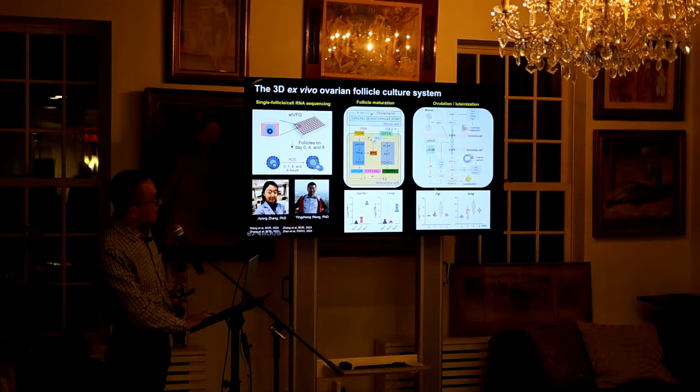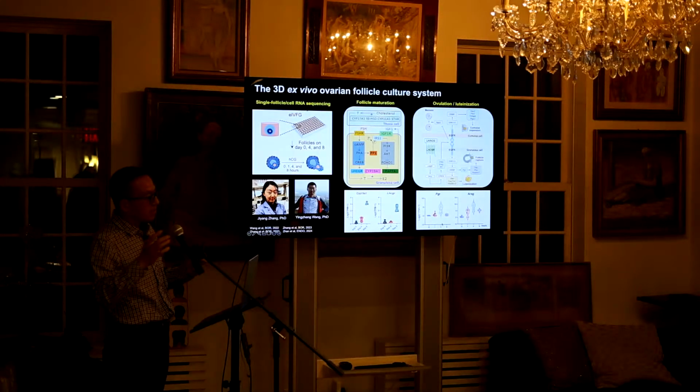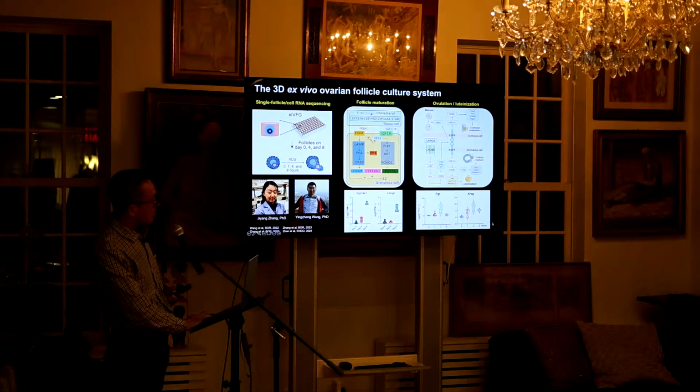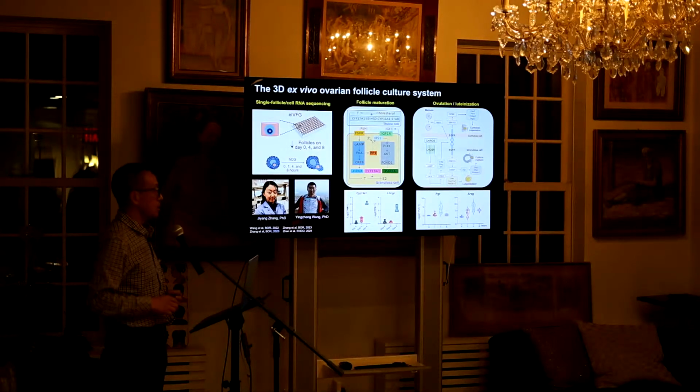And then during the ovulation time, this is about 0, 1, 4, and 8 hours after the HCG treatment. For human, you can just double the hours, because human ovulation is about 36 to 48 hours. We see a huge induction of the progesterone receptor and also AREG. Progesterone receptor is very important for follicle rupture. If you delete the progesterone receptor, the follicle cannot rupture and cannot push the oocyte out.